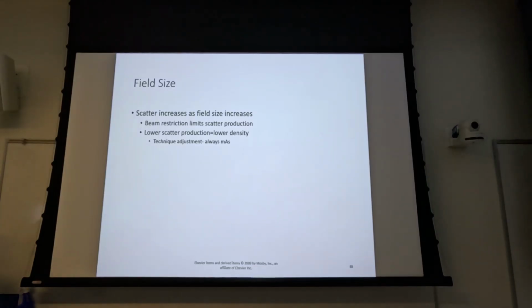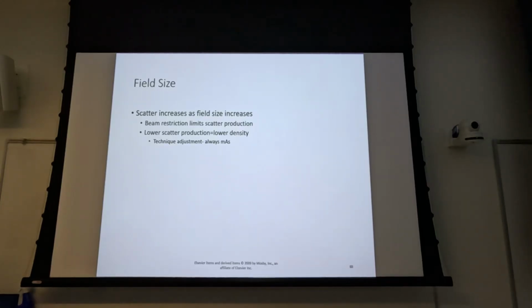So field size, that's your collimation. Again, scatter increases as field size increases. Theoretically, if you collimate for, say, an L-spine, make an image, then decrease your collimation, make a larger field size, and make a second exposure, your image receptor should show an increase in exposure.